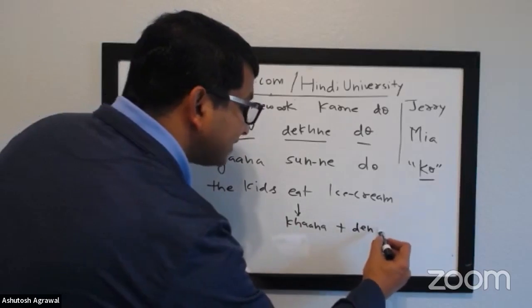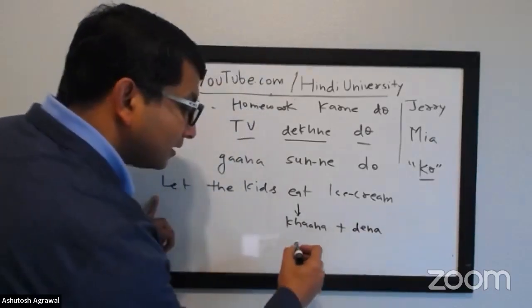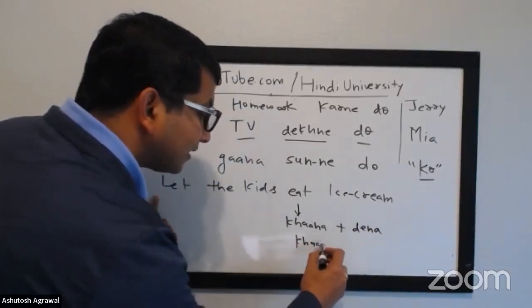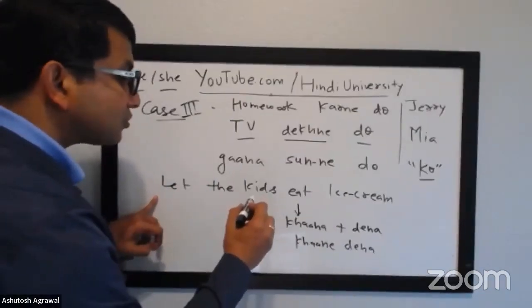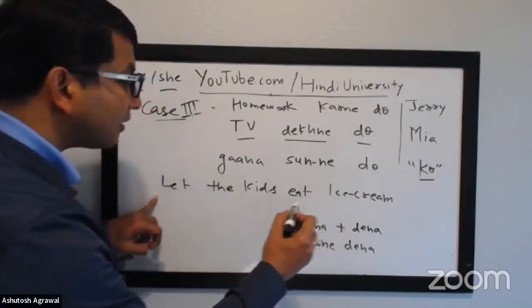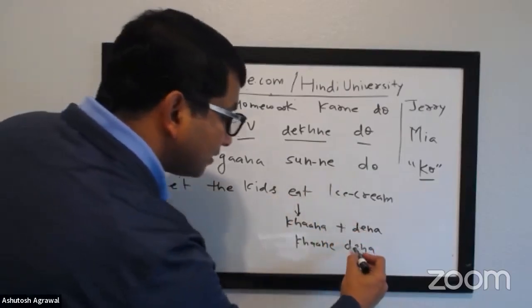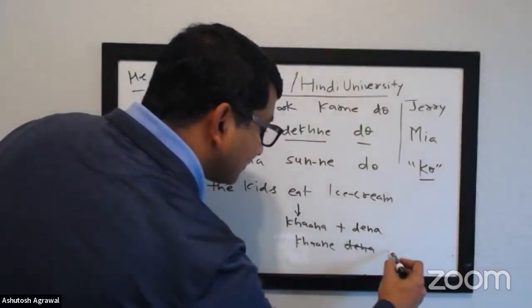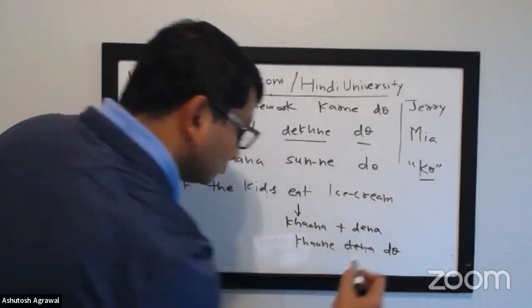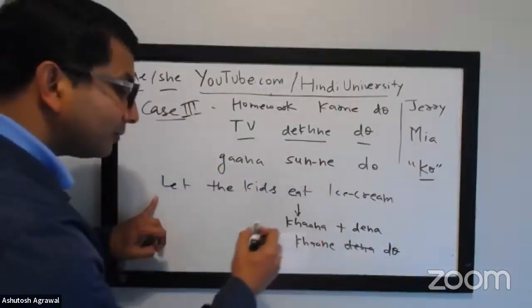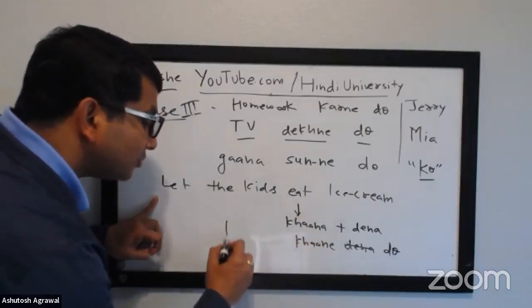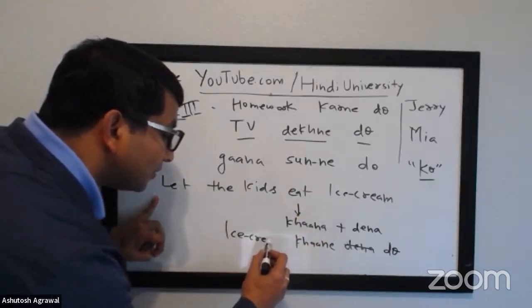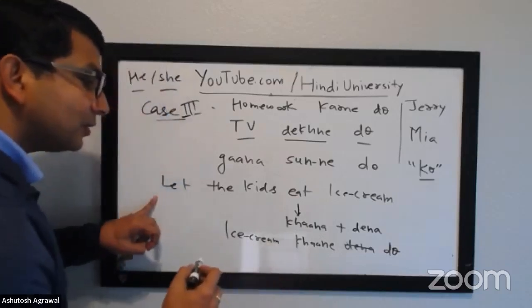Then it becomes khane dena. Then, since it's sort of an imperative because you are letting the kids, you change the form from dena to do, khane do. Then what are they letting eat? Ice cream khane do.